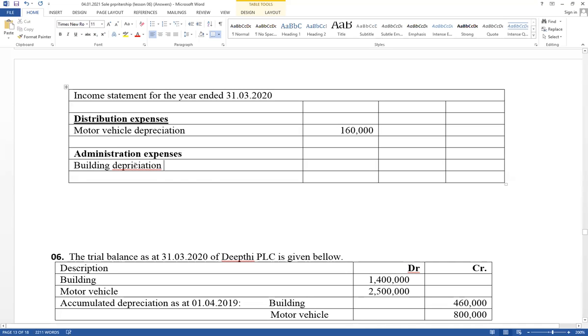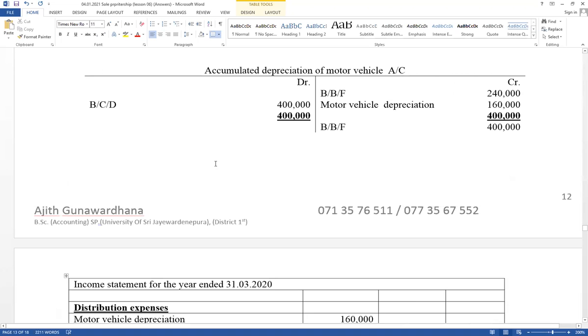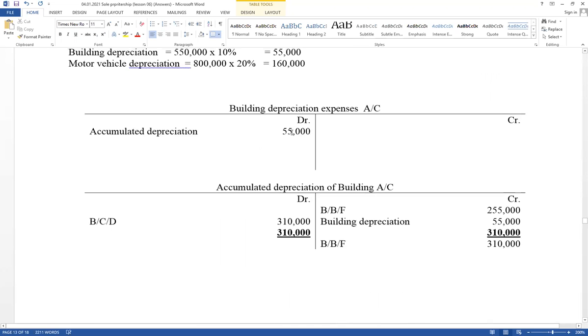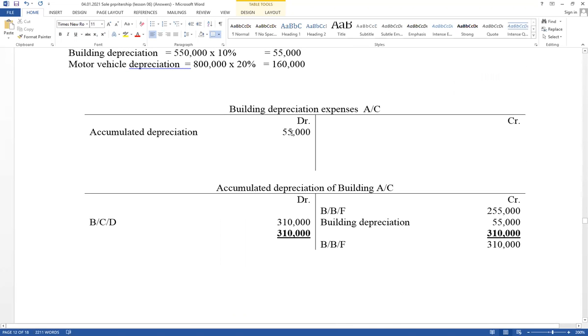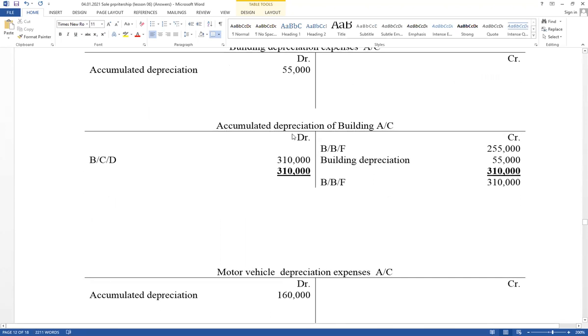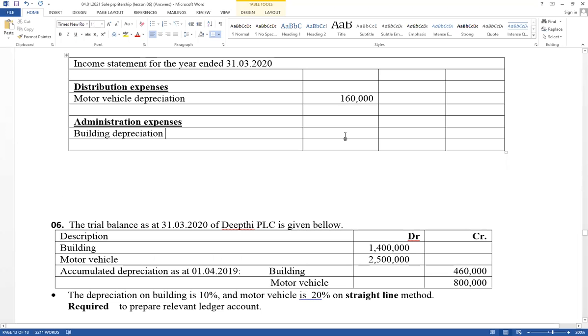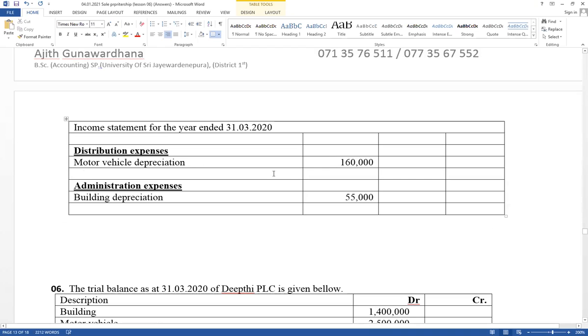Think about building depreciation. You have to know how to disclose on the financial statement. The building depreciation expense account value equals 55,000. See the expense account balance. That value should be included under administration expense, 55,000. This is the way you have to disclose motor vehicle depreciation expense and building depreciation expense.